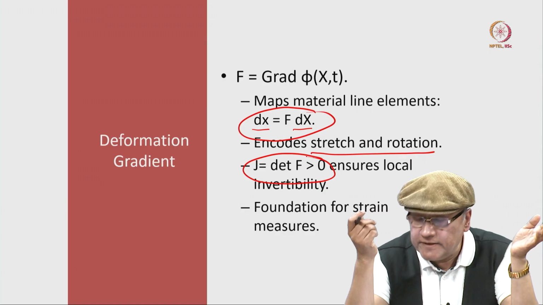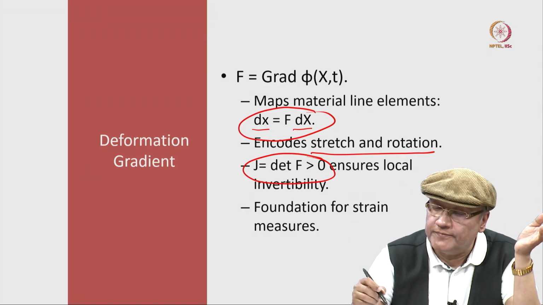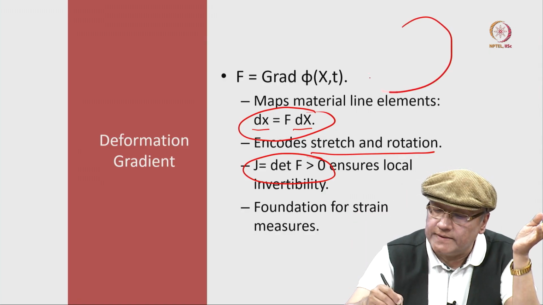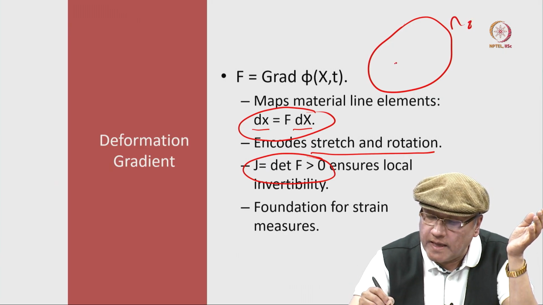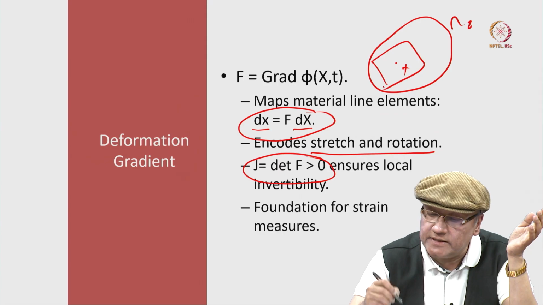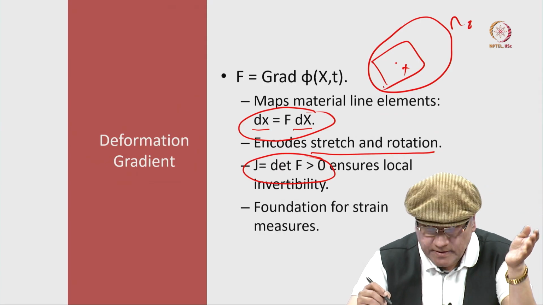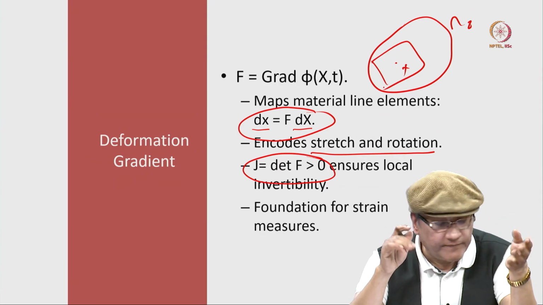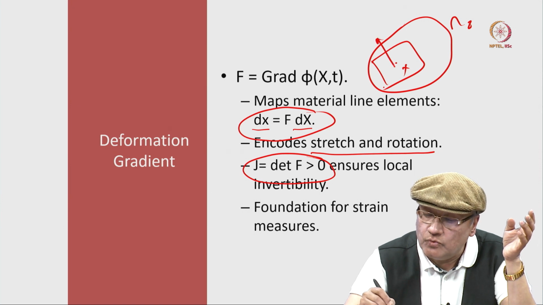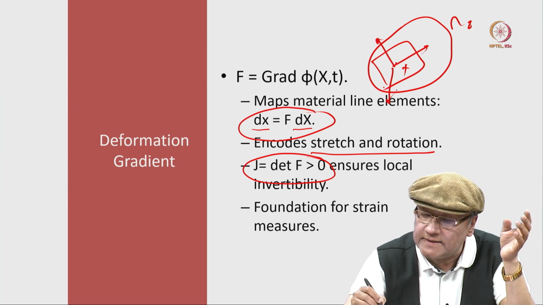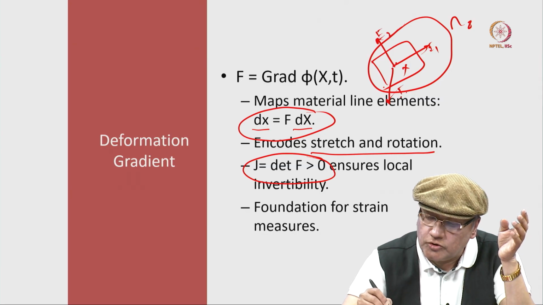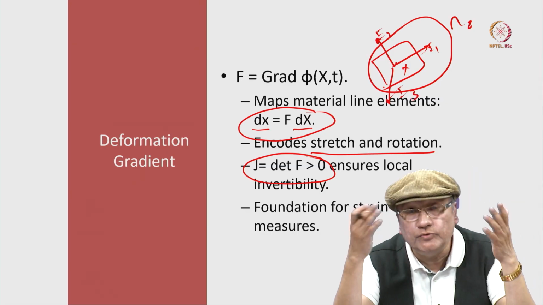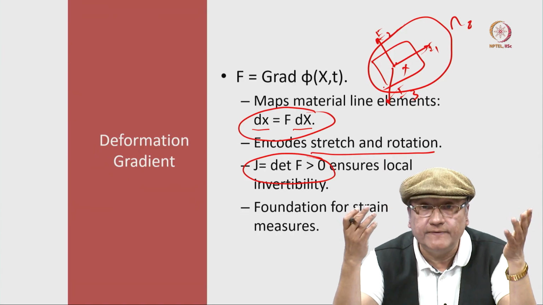If you recall the definition of determinant, if this is the undeformed body omega 0, then at any point capital X you have this tangent space, which is spanned, as you should remember from your basics of vector algebra, by E1, E2, E3, 3 vectors. Let us say they are orthonormal, unit vectors.